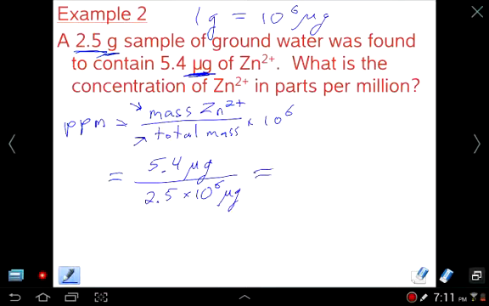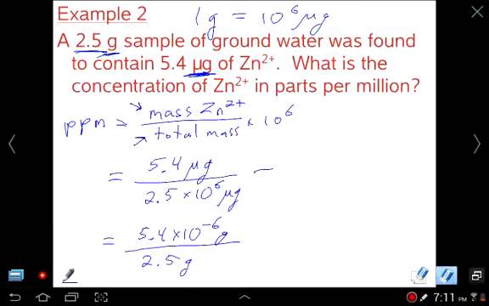Alternatively, you could have converted micrograms into grams. You could have also said you got 5.4 times 10 to the negative 6 grams over 2.5 grams, and this would have done the same thing. We just then have to multiply by 10 to the 6th, or a million.